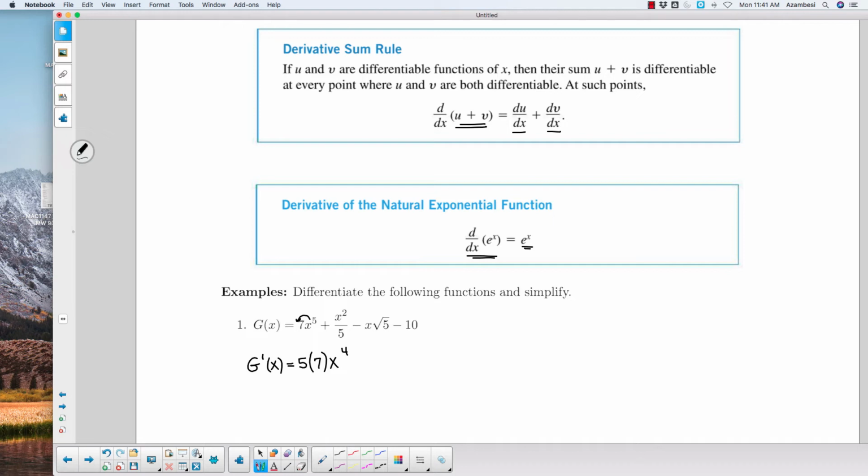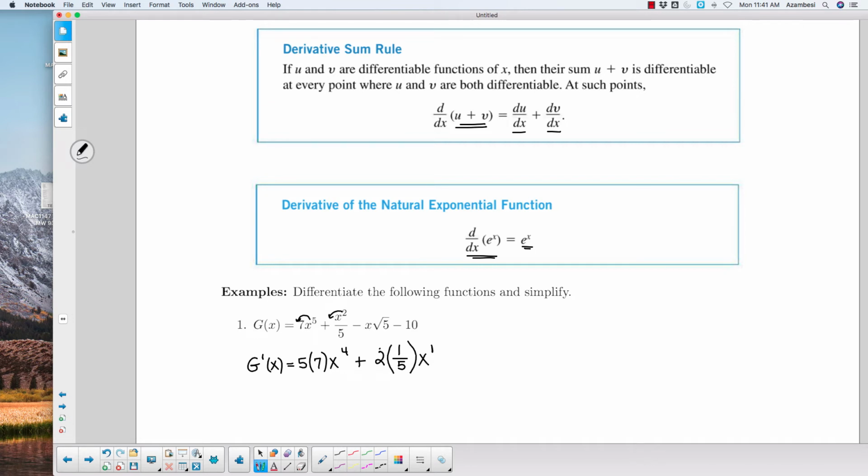All right, second term, 5 on the bottom is really like 1/5, so I'm bringing my 2 out to the front, so I have 2. I had 1/5 already there. Reducing my power by 1 gives me x to the first.